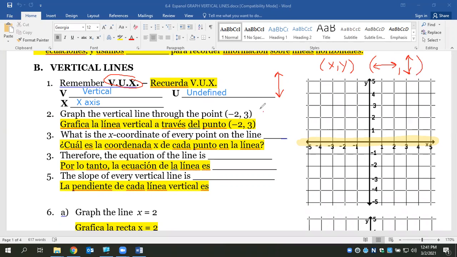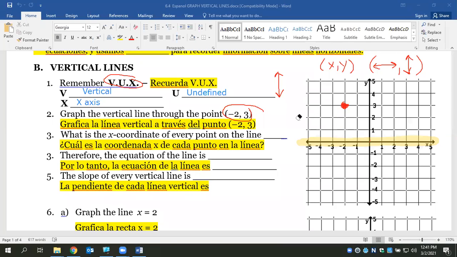Okay, so if it says -2, 3, then I want to start at my point of origin and go over -2, 1, 2. Then I want to go up 3 because it says up 3, 1, 2, 3. So my point is going to be right here.